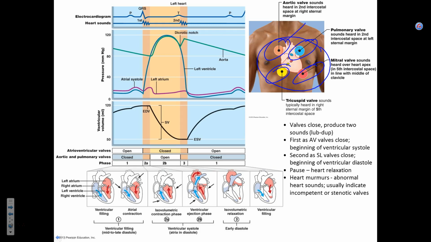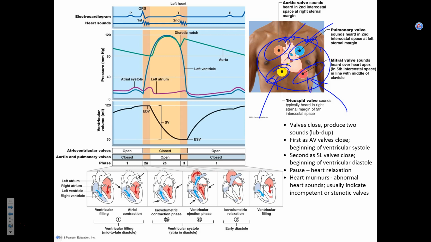So on top there's going to be aortic on the right side of the sternum, the level of second rib, and pulmonary on the left side of the sternum, and then tricuspid, right side of the sternum, fifth rib, mitral, left side of the sternum, fifth rib. Okay, basic general idea where to auscultate the sounds of the respective valves. Okay, good.